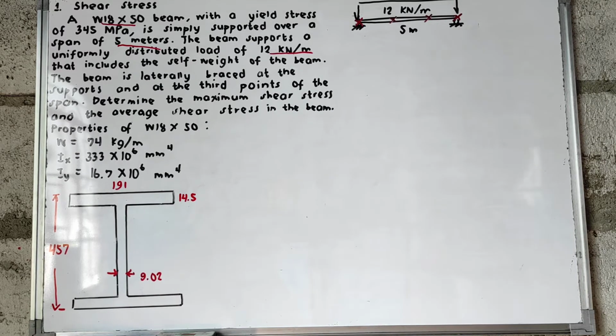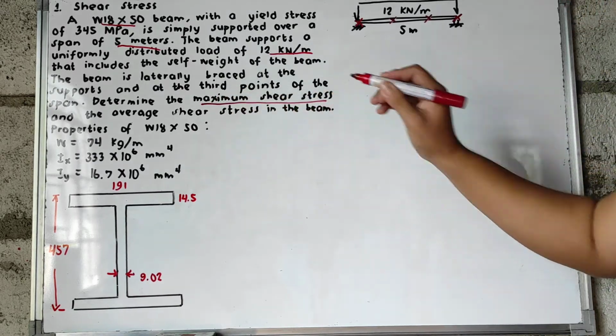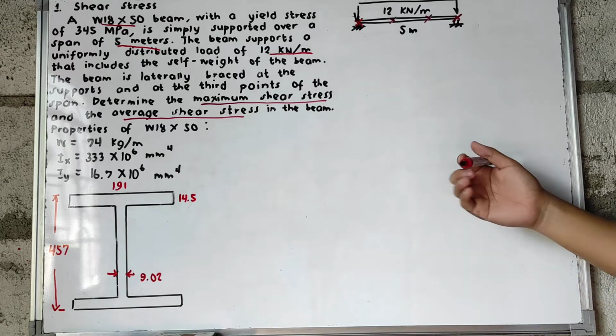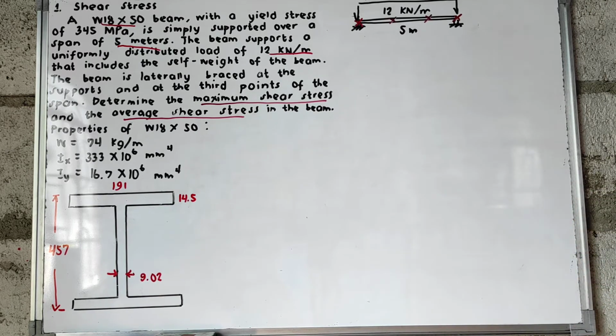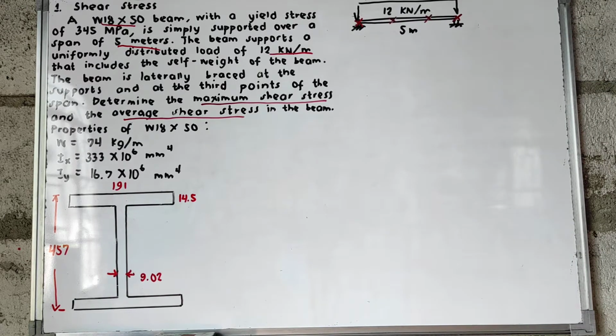So when we are talking about maximum shear stress, average shear stress, we are pertaining to the actual stress na naranasan ng beam natin upon the application of our load. So there is a difference between the allowable stress o yung design stress na tinatawag natin sa LRFD versus the maximum shear stress and the average shear stress.